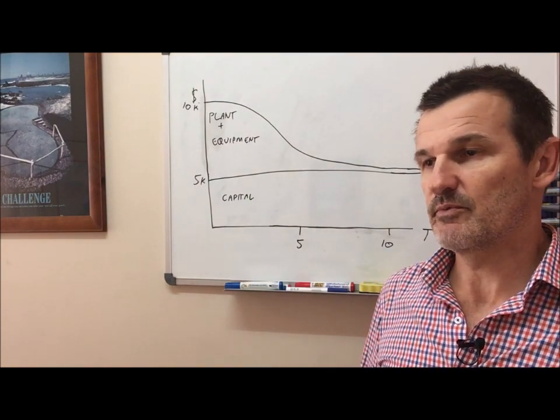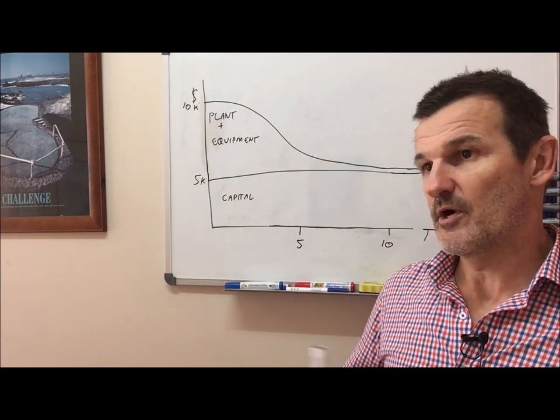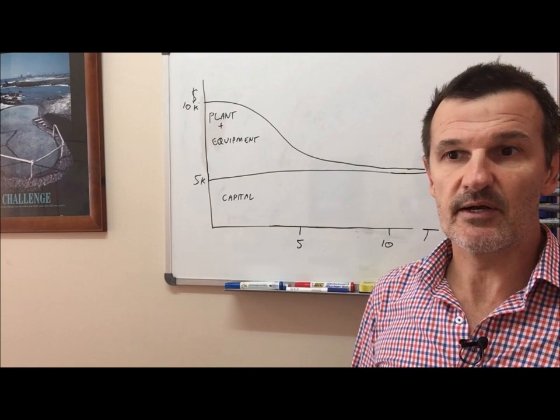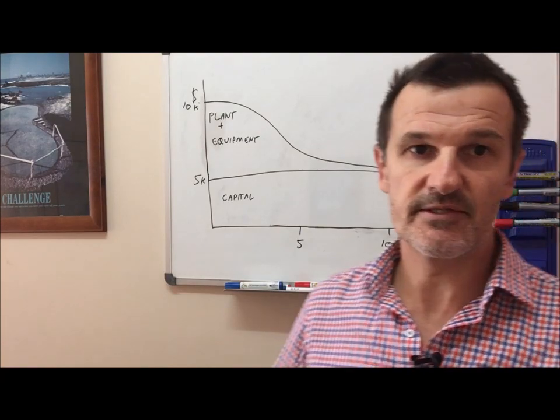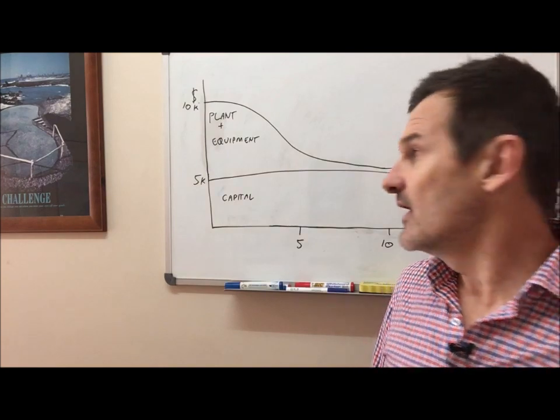They have a shorter lifespan, so they're written off a lot sooner, and the tax office sets different scales on what those items can be written off at.